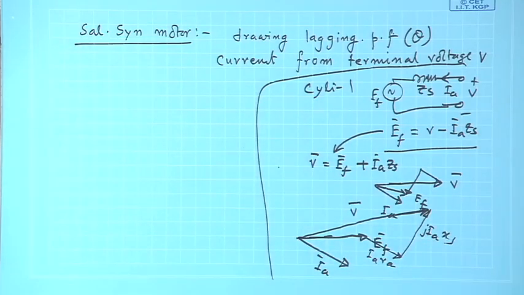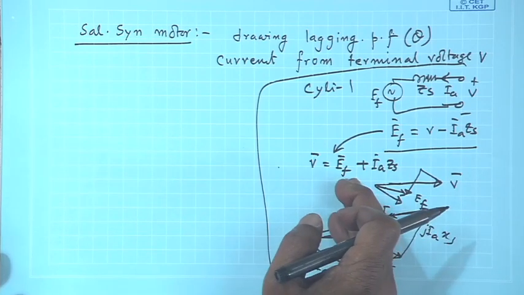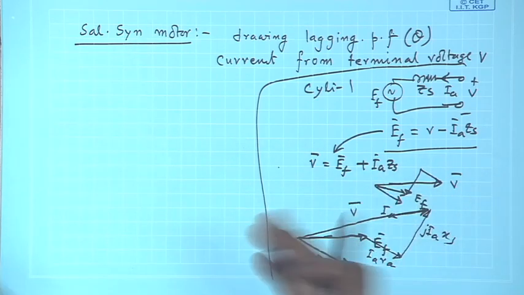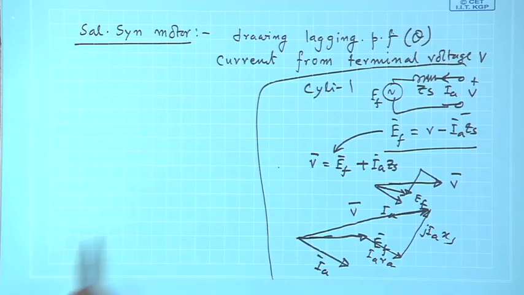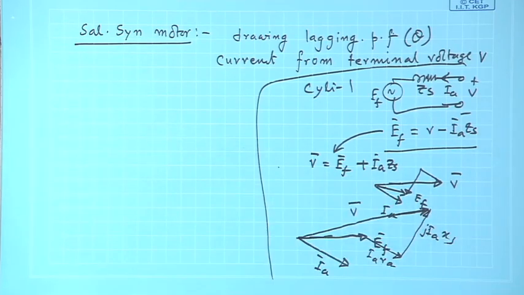How does it matter? Without any loss of generality, so that you can quickly draw the phasor diagram. Better draw E F first in motor mode and go on adding drops. You have to think a little to add the vectors, but the moment one vector is to be subtracted, you have to remember where that vector was and go opposite to that. That is the advantage. Anyway, it is not essential, but I will do like this.